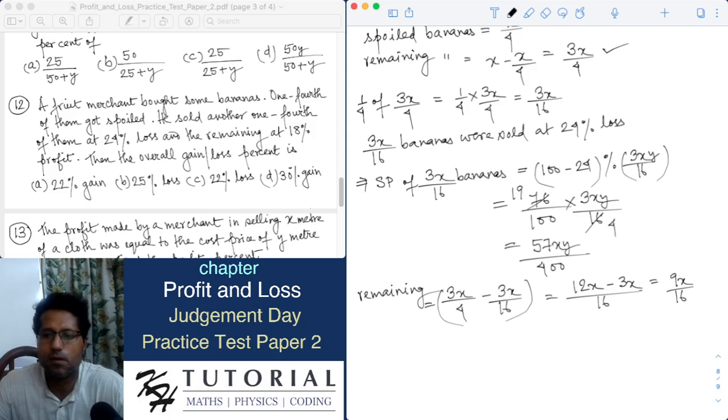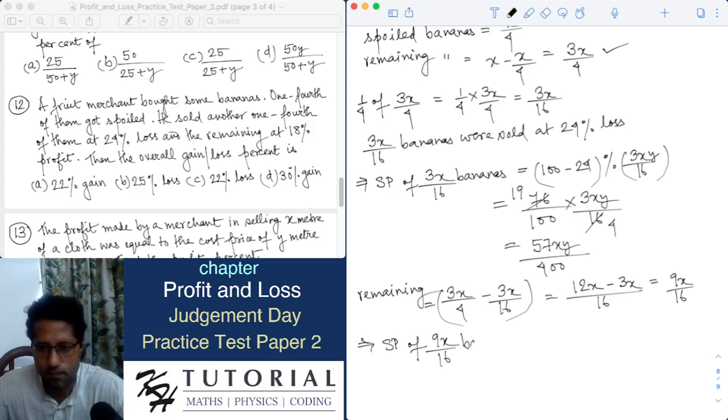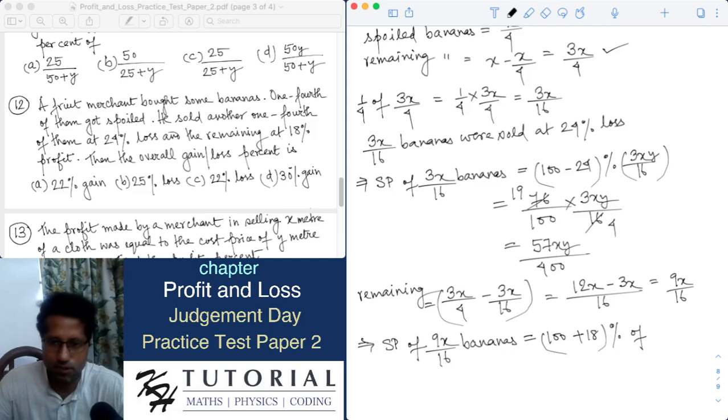So the selling price of 9x by 16 bananas, since there is a profit of 18%, should be equal to 100 plus 18% of the cost price of 9x by 16 bananas.